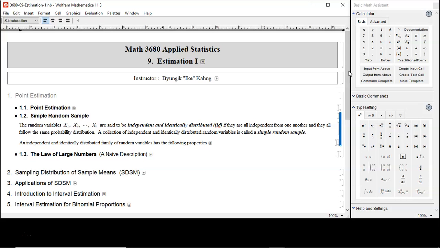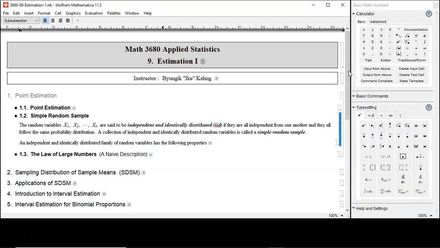If you repeat it 100 times, then x1 through x100. And that's because you're doing it with replacement. Without replacement, they're not independent and not identical, and of course, you're going to run out of balls pretty soon. Now, any collection of independent and identically distributed random variables is called a simple random sample.